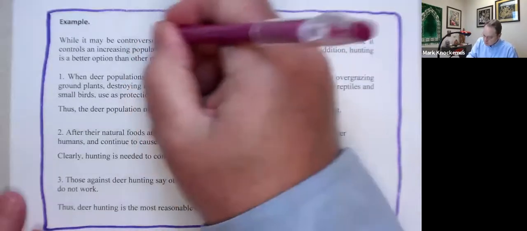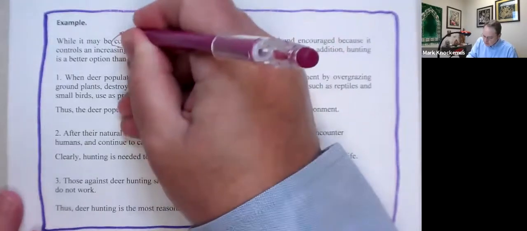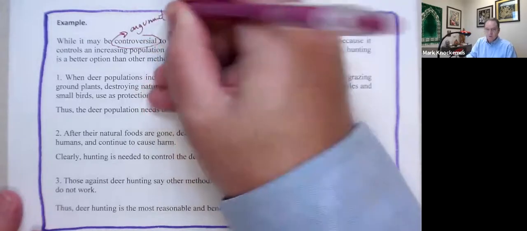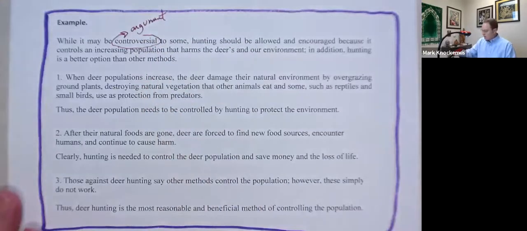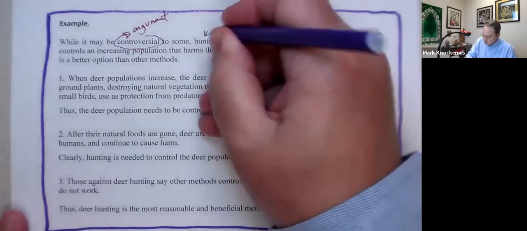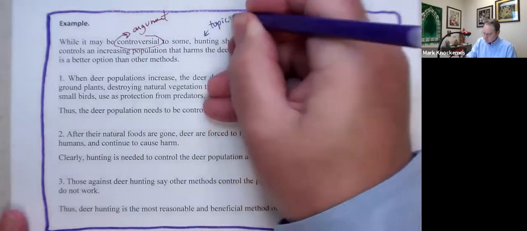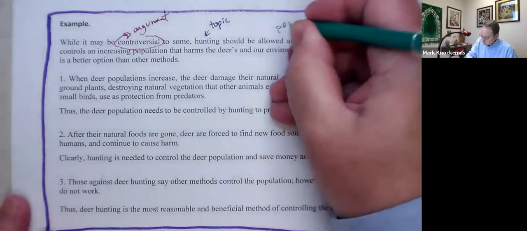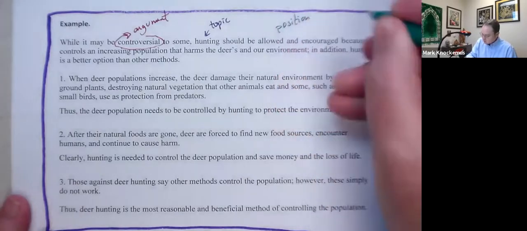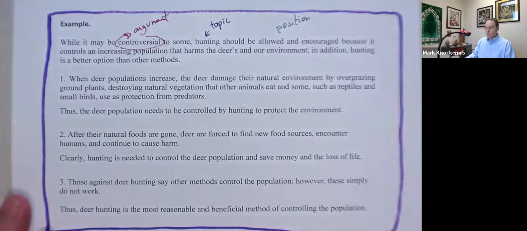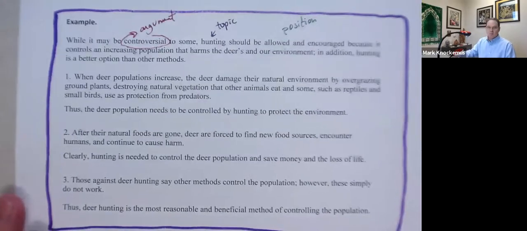While it may be controversial, so that's language, right, letting the reader know that I have an argument, then what do I have? Hunting, there's my topic, should be allowed and encouraged. There's my position. So far, so good. What's left to do? Rule of three. Let's see how that's going to come about.